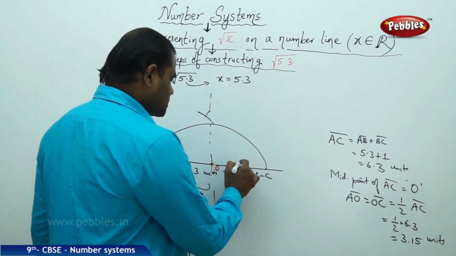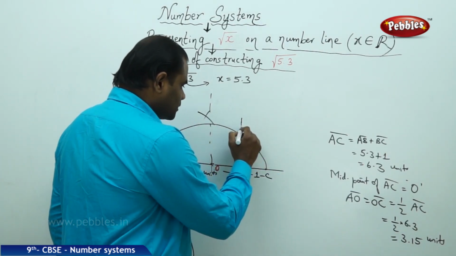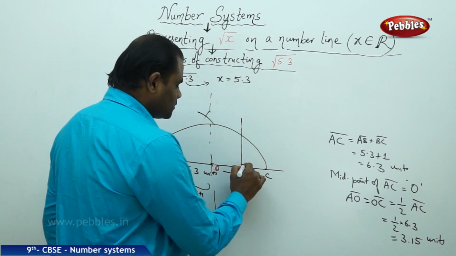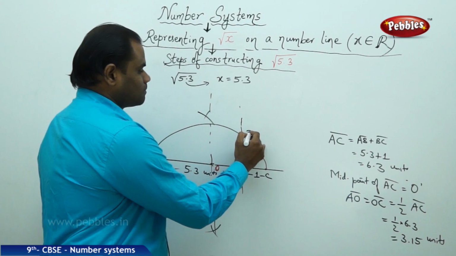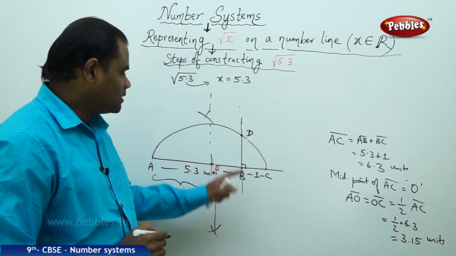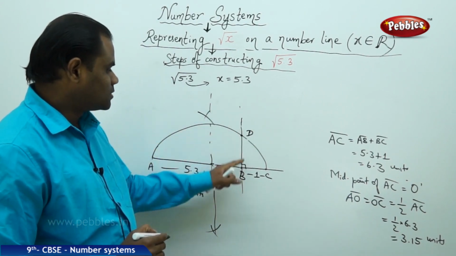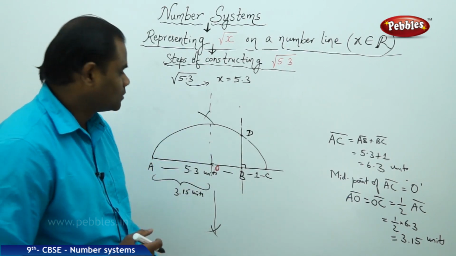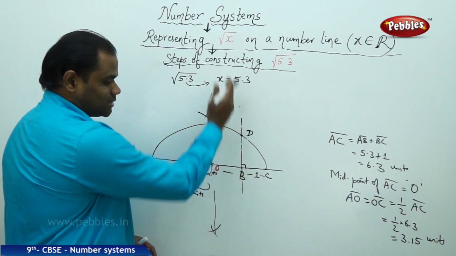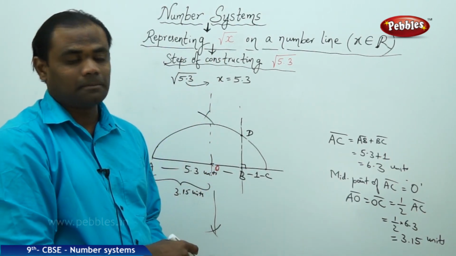With the base as AC and the angle at B, I get 90 degrees, which is extended to cut the circle at D. So this is how I get the point D, by extending the line to cut the semicircle.